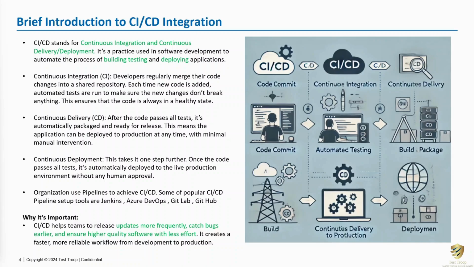Each time new code is added or merged into this shared repository or a shared branch, automated tests are run to make sure that the new changes do not break anything. This ensures that the code is always in a healthy state.